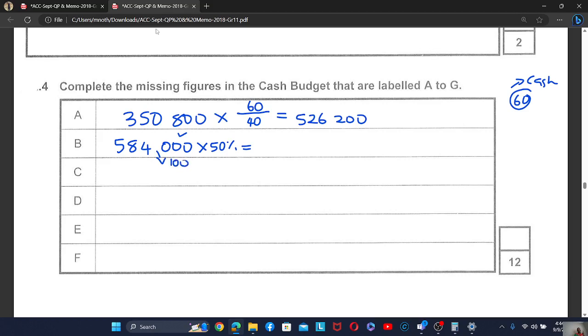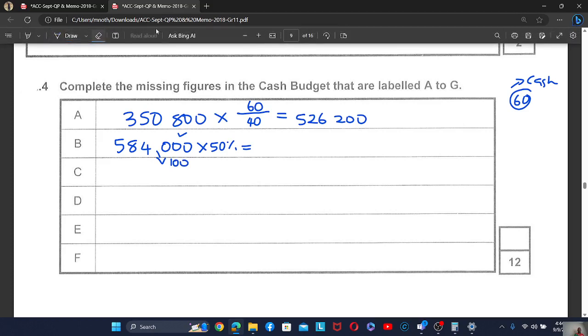It's 50 plus 50. So the way to do it is to say that what we have is 100%. So 50 over 100. How much is this? It's 292,000. So these are the cash purchases of November.